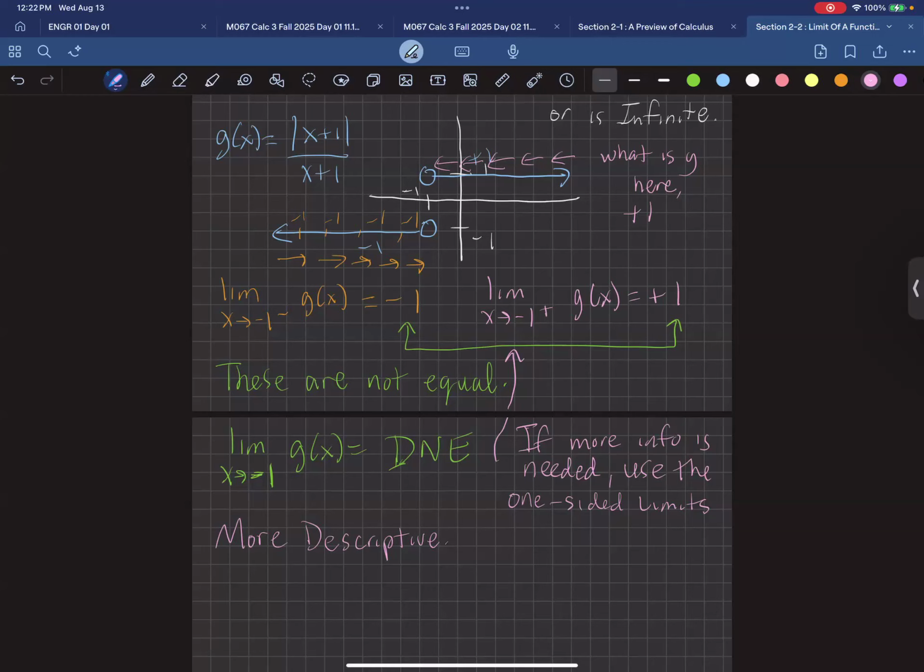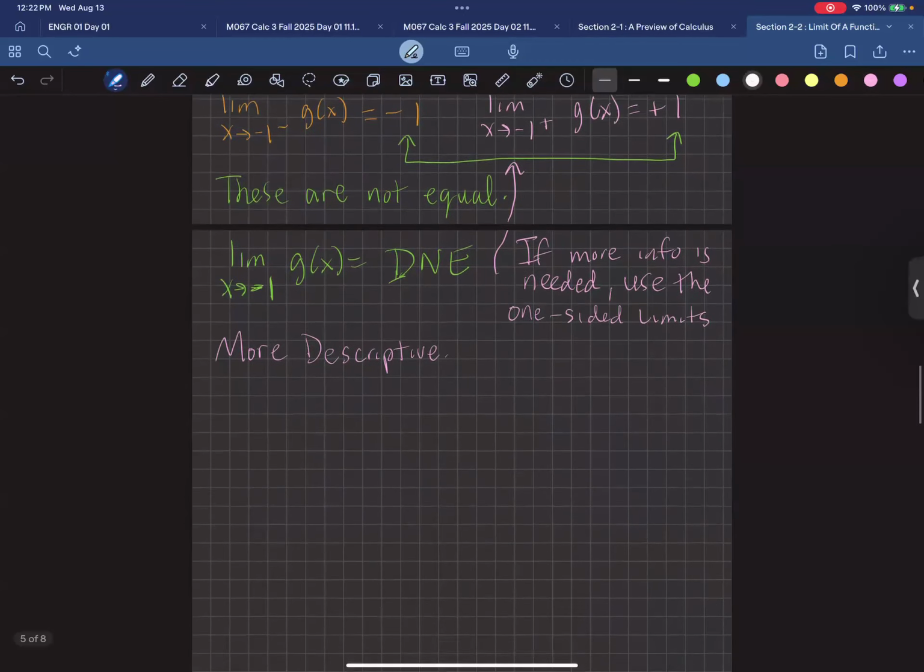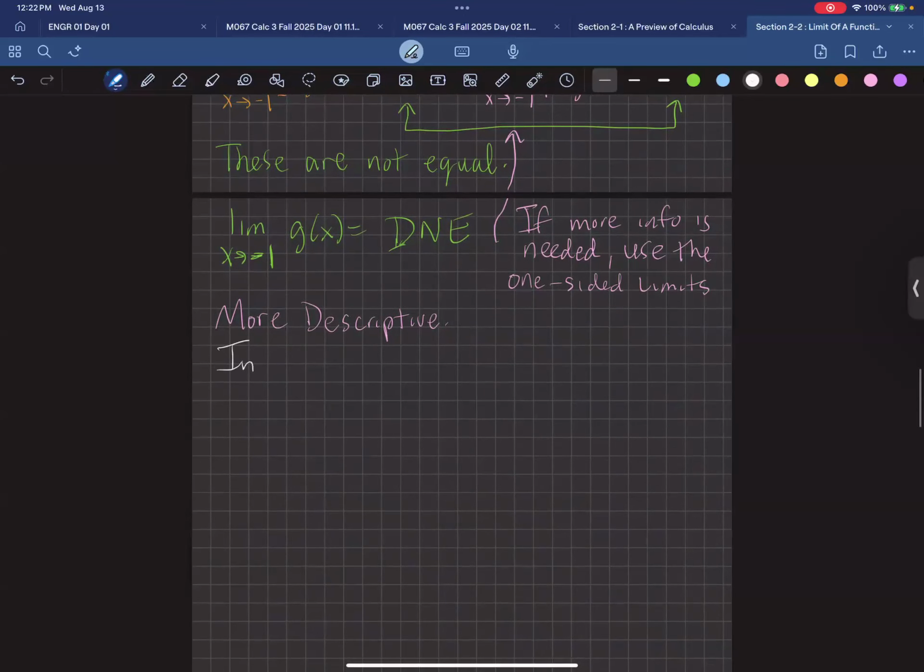Then we have the concept of infinite limits. This is different than limits at infinity. They use similar words, but we'll do limits at infinity later on.